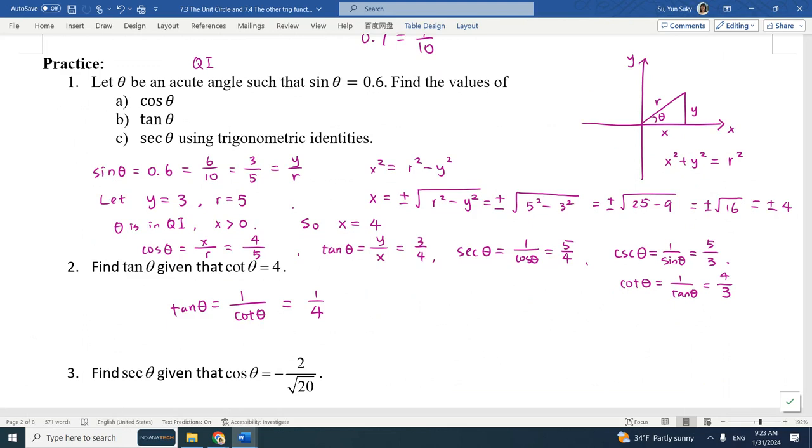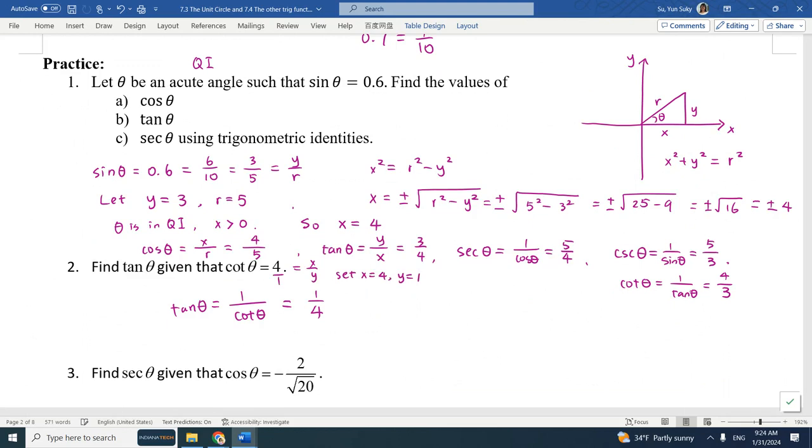And cotangent, cotangent is what? X over y. Yeah? X over y. So you can set x equals to 4. And so cotangent is x over y. So you can set x equals 4 and y equals 1.